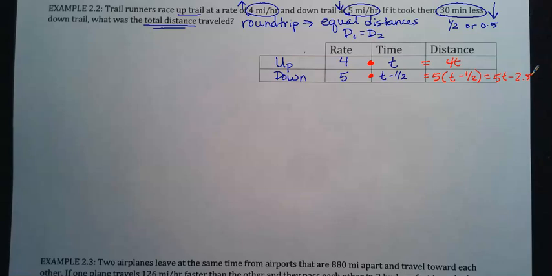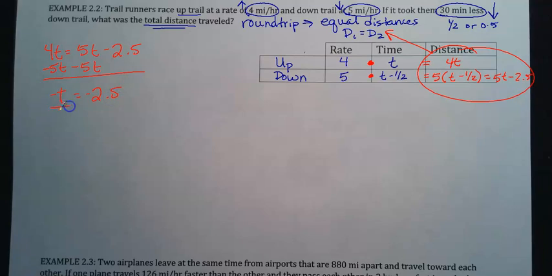Now that we have our distances, oh, my marker didn't change, bummer. I need to set those distances equal so I can solve. So 4T equals 5T minus 2.5. If I subtract 5T from both sides, I get negative 1T equals negative 2.5.